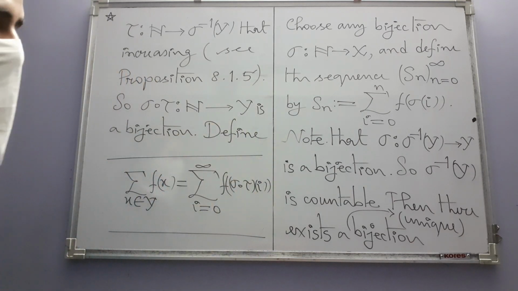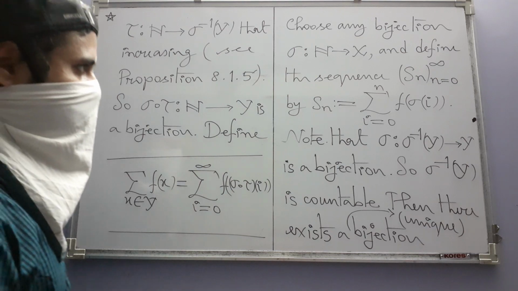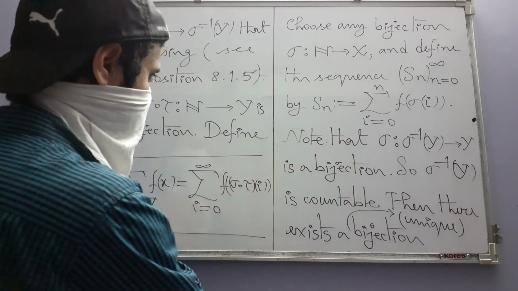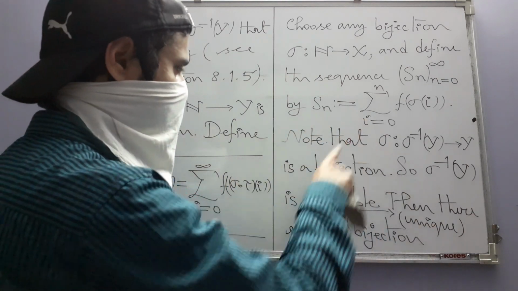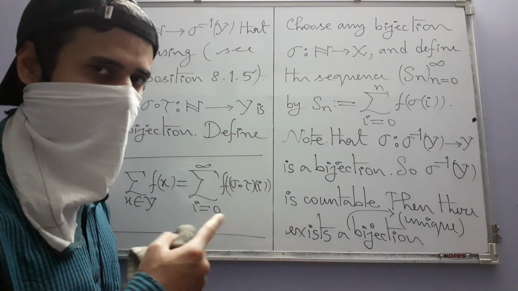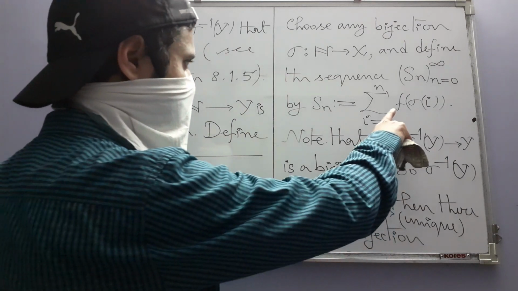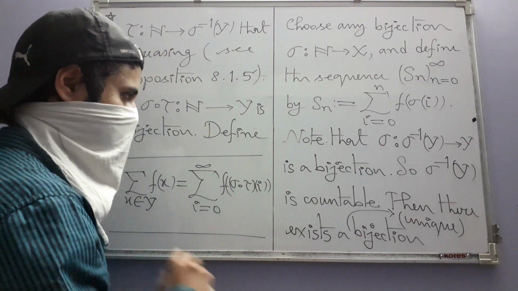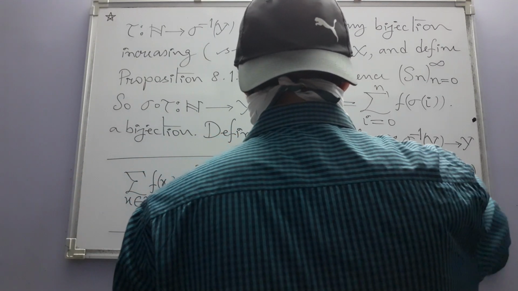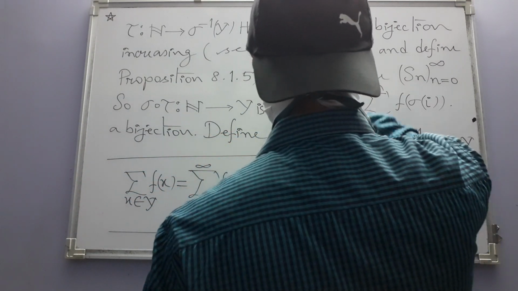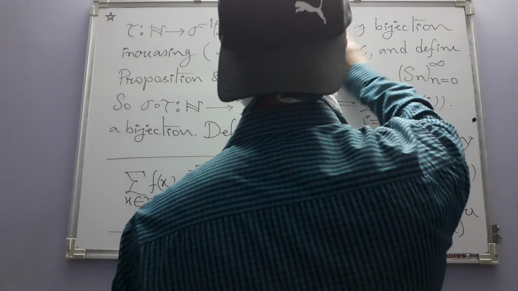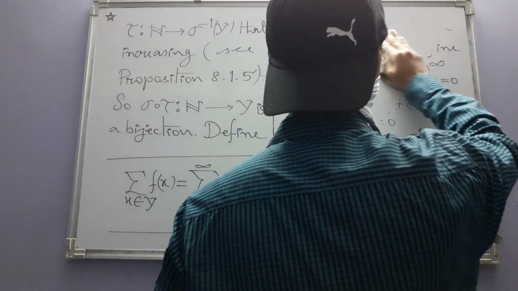So define the sequence of partial sums of our original series, the one where the sum has been taken over x, is this. And now we are going to define the sequence of partial sums for this one, which we are going to call Tn.